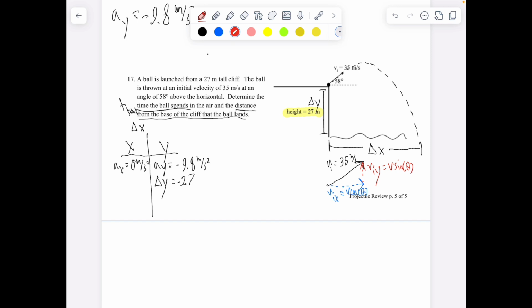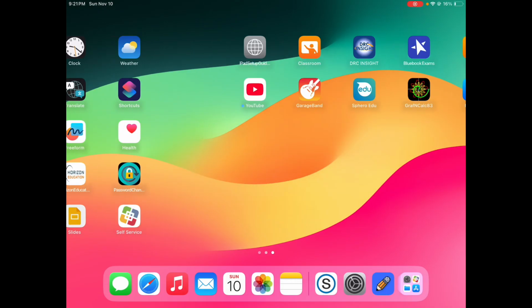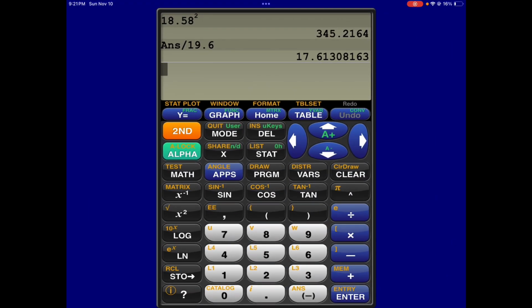And now we can go through and just plug these in. The velocity, 35, times the cosine of our angle right here, which is 58 degrees. Let's go ahead and plug that in. So our angle is 58, velocity is 35. Let's remember that. We'll go over to our calculator.